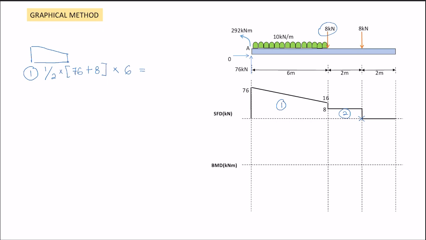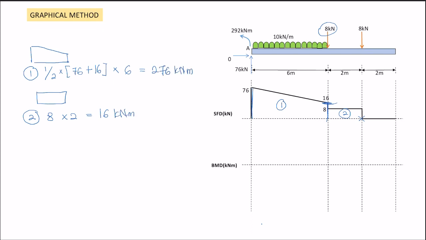Then you will get a value here. And for area number 2, this is a rectangle. It will be 8 kilonewton times 2. Then you will get 16. So this is 16. I get 276 kilonewton meter.